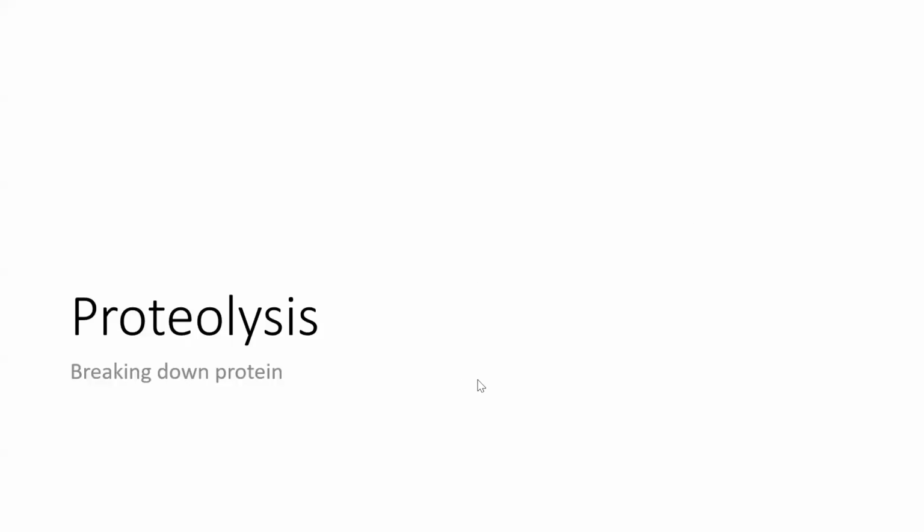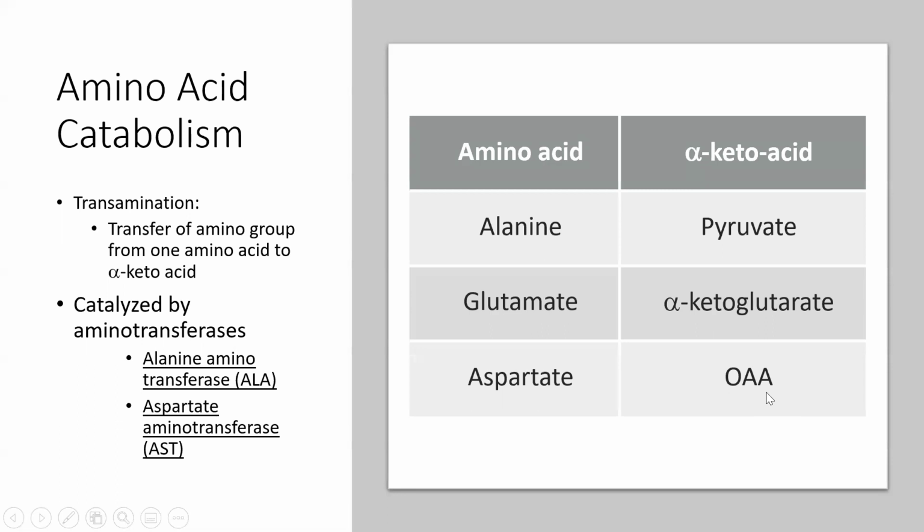All right, everybody, this video is going to go over proteolysis, or breaking down protein. There are two different ways that we're going to break down amino acids. The first one is transamination. Transamination is basically taking one amino group and transferring it to another amino acid to create an alpha keto acid.